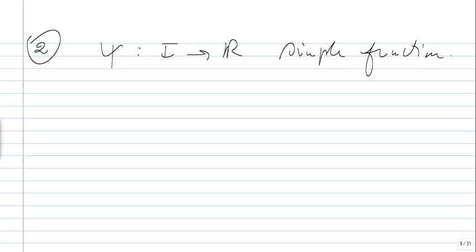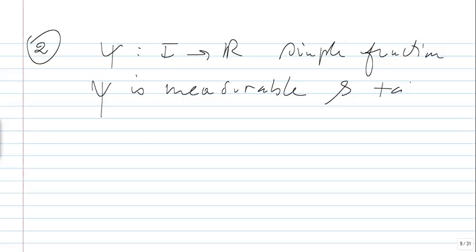Okay, now we go for the second one. So we have psi, which is defined on I, which is a simple function. So we know that psi is measurable. Simple functions are measurable. Okay, and take E to be I. So we're going to use 1.